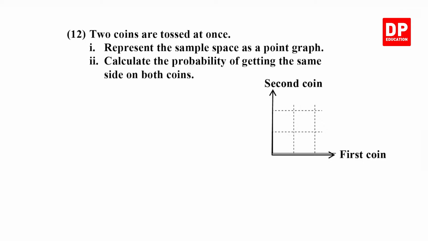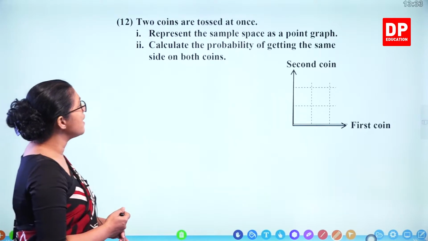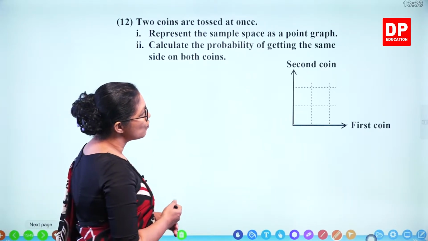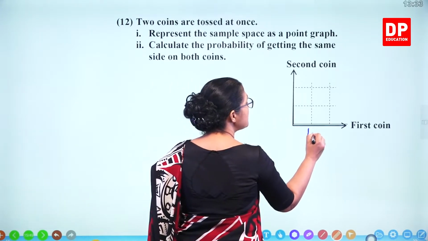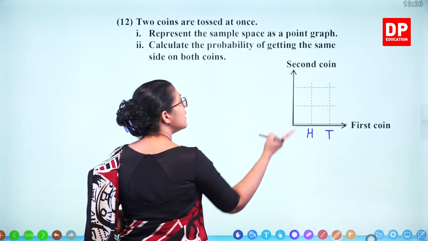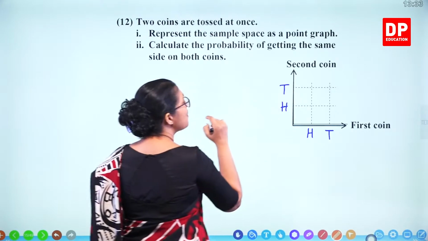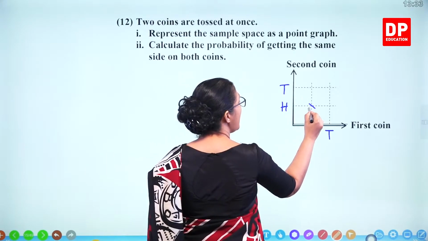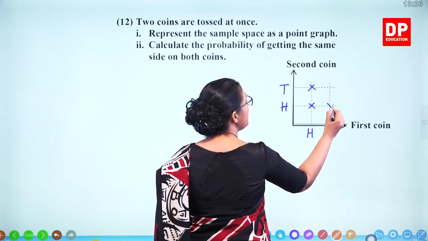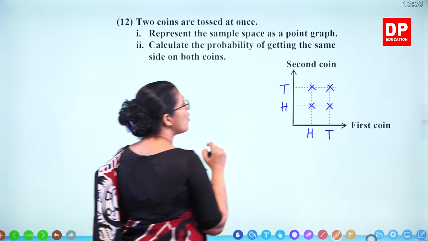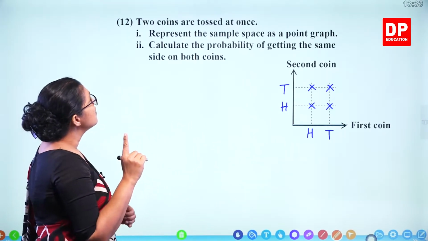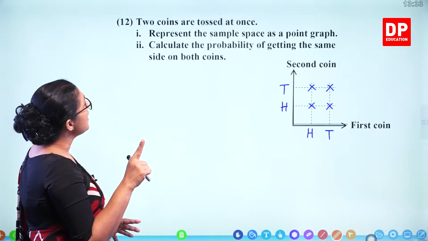Question number 12. 2 coins are tossed at once. Represent the sample space as a point graph. Calculate the probability of getting the same side on both coins. So first coin, what are the outcomes? Head or tail. Second coin also you get head or tail. So what are the possibilities? You can get head-head, head-tail, tail-head, tail-tail. 4 possibilities are there. So represent this as the sample space.